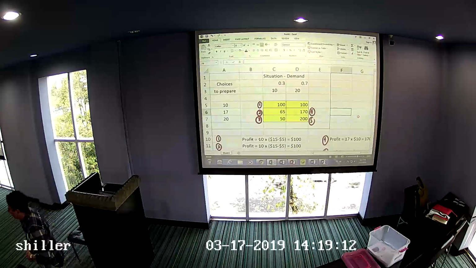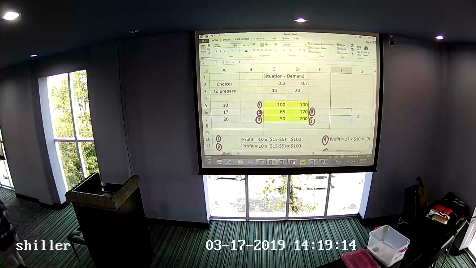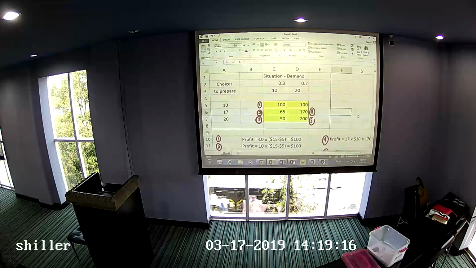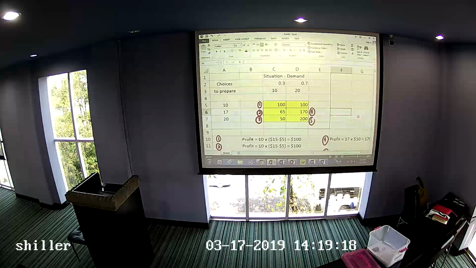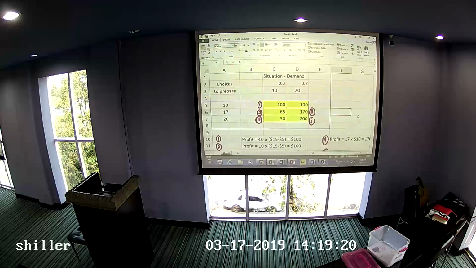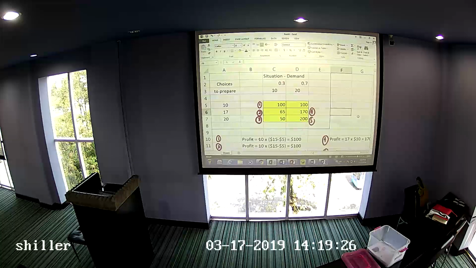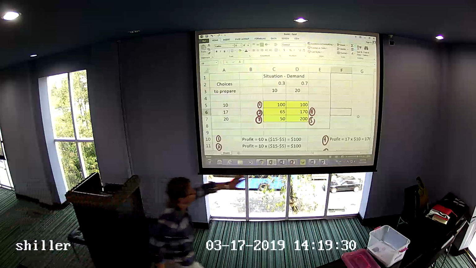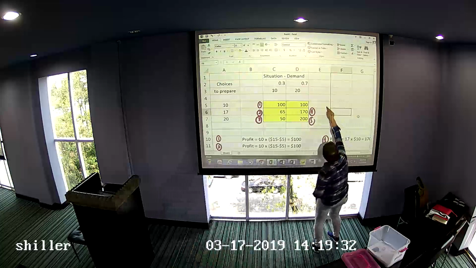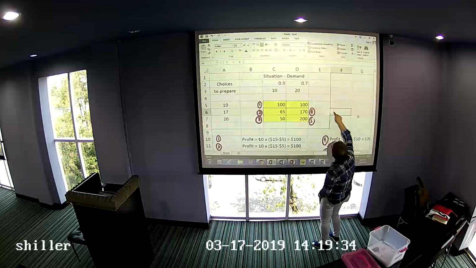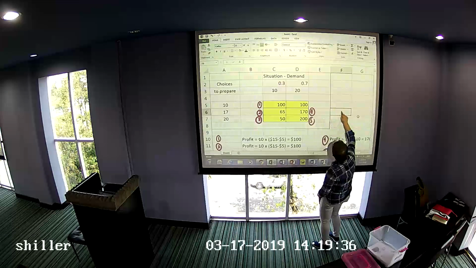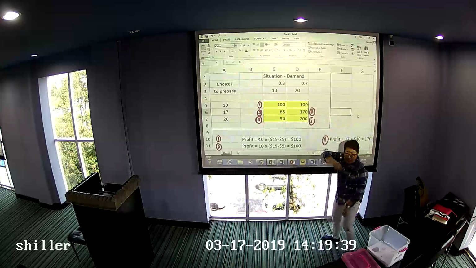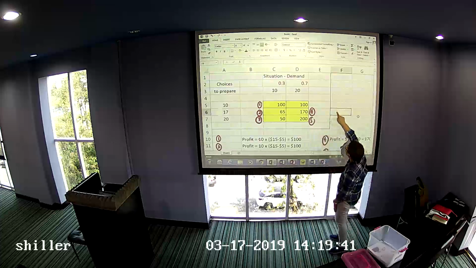How do you use the EV? You need two things in the EV, correct? The probability and the profit, correct? How many choices do you have? 3: 10, 17, 20. So which means I need the EV here, correct? For each one of these, I need the EV because I have to make a choice. Can you tell me what is the EV for each one of these?